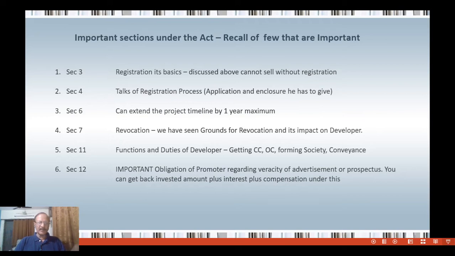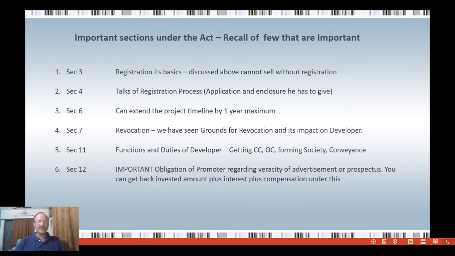So, obviously, they will be given a chance to be heard and say what they want to say. And as I was telling you, force majeure clauses would be a case of war or a flood, or a drought, or fire, cyclone, earthquake, anything natural that affects. So, those things are force majeure clauses.